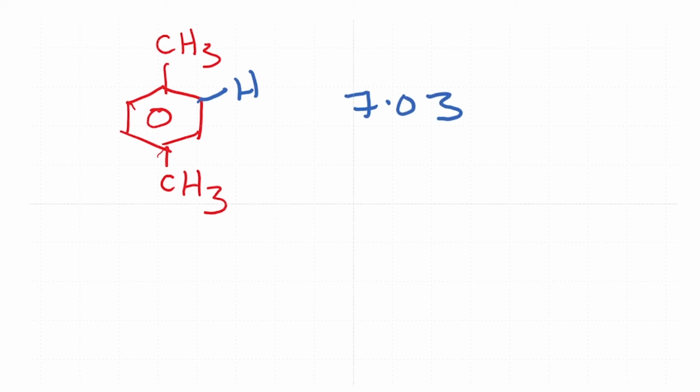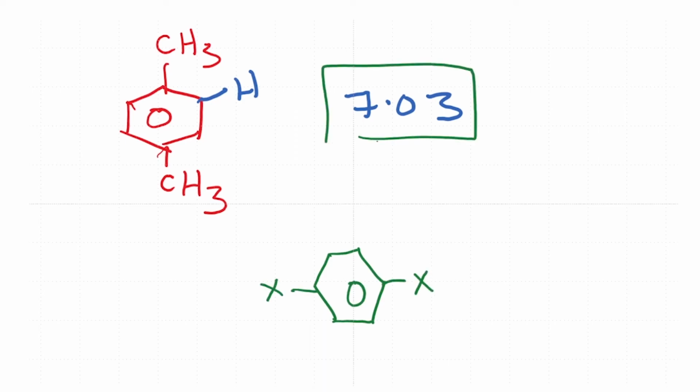Then I'm going to draw out a general structure, and then we'll look at the trend in X. This 7.03 can be rationalized because this methyl group is a weak EDG, weakly electron donating. So that leads to a more shielded situation, and therefore the hydrogen is going to come at lower chemical shift values.